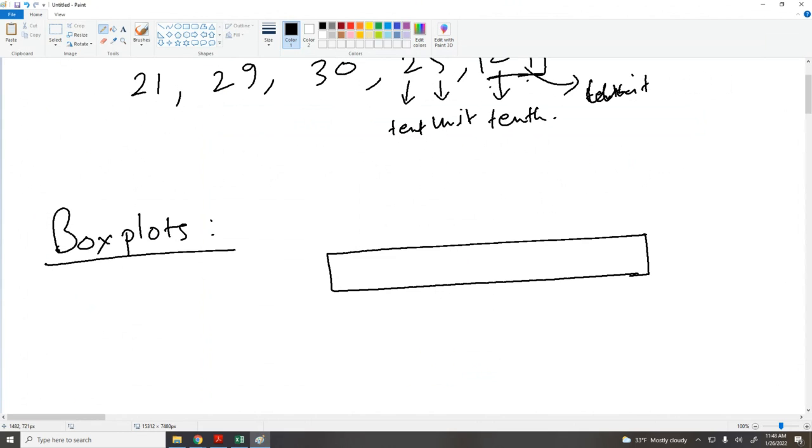Now you can say that this leftmost edge is the minimum, and this rightmost edge is the maximum. We are assuming that all of our data points lie within that box, with the minimum on the left side and the maximum on the right side.